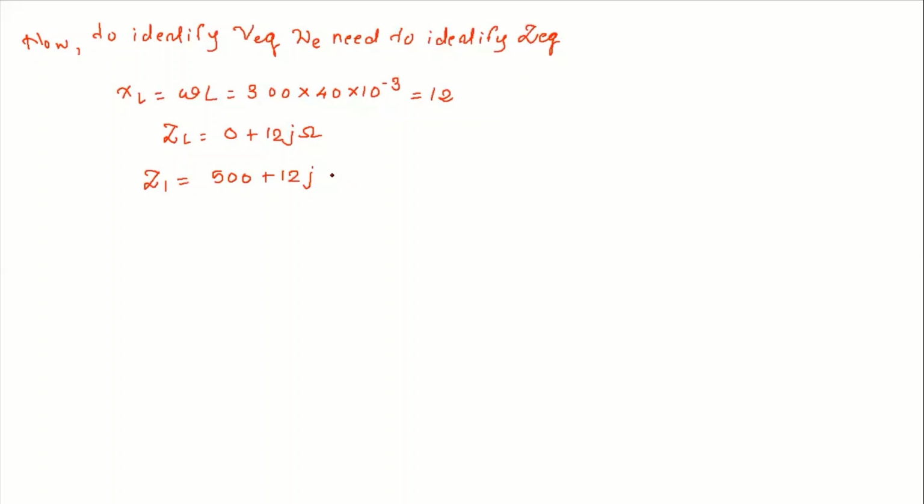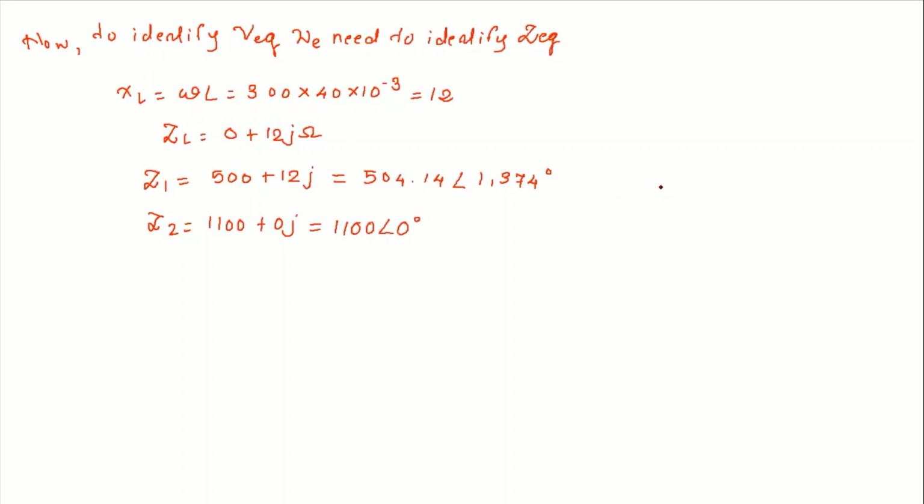Now this is rectangular form, so if we convert it into polar form, we'll get 504.14 at an angle 1.374 degrees. At the same time, we have another resistor of 1100 plus 0J, which is nothing but 1100 at an angle 0 degree.